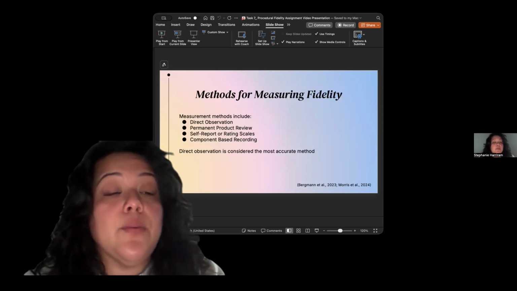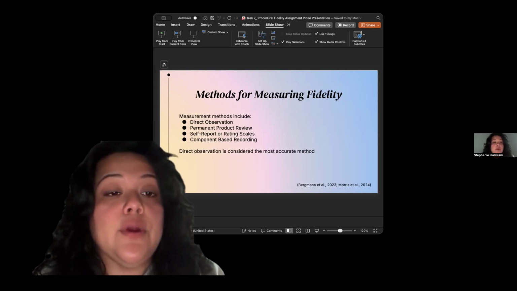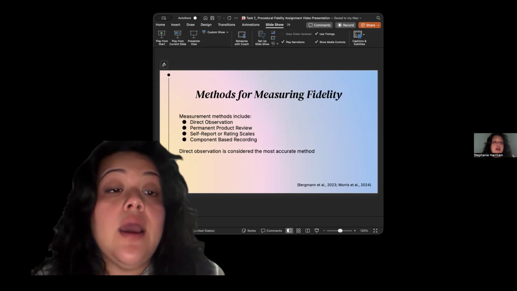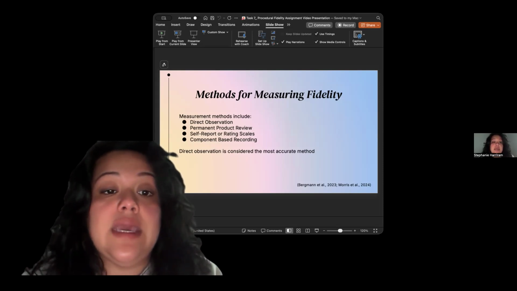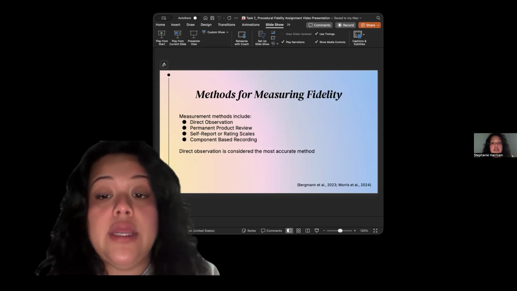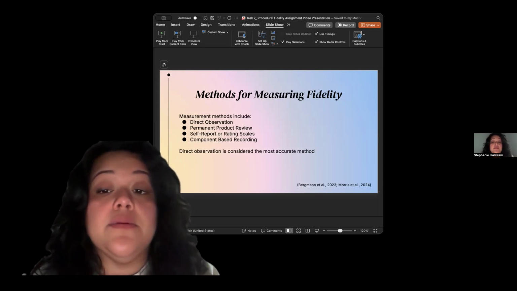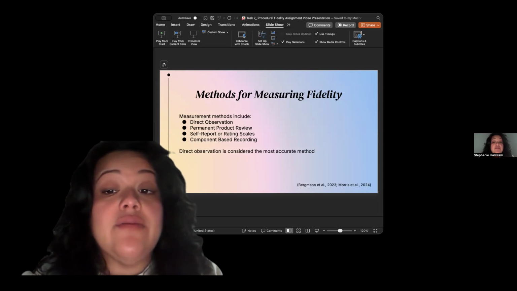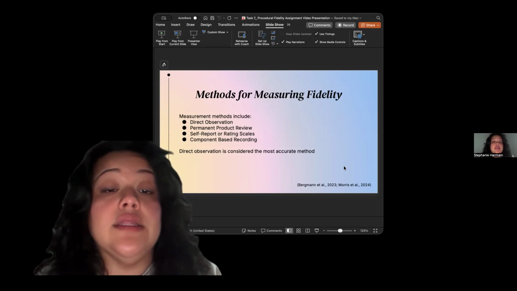Then we have self-reporting or rating scales, where staff report their own implementation, and this can be through 3-point or 5-point Likert scales. And lastly is component-based recording, which identifies specific errors in the procedures. Direct observation does remain the preferred method across the literature review.